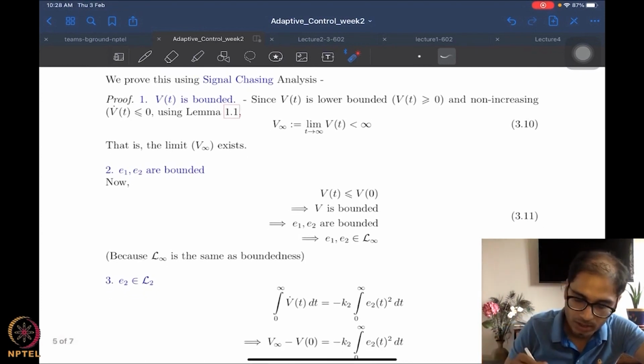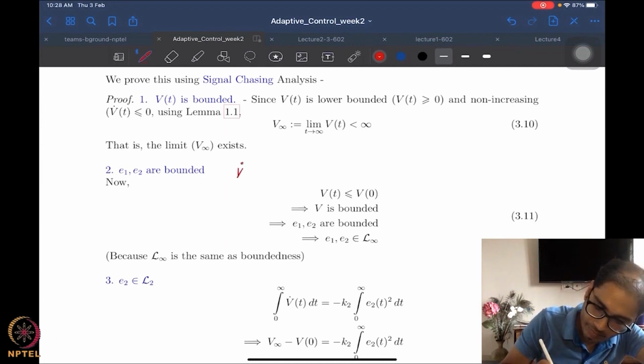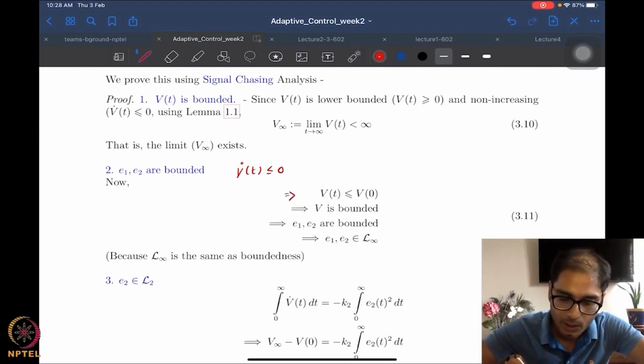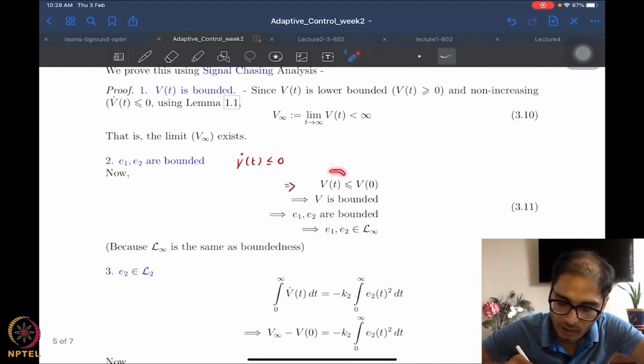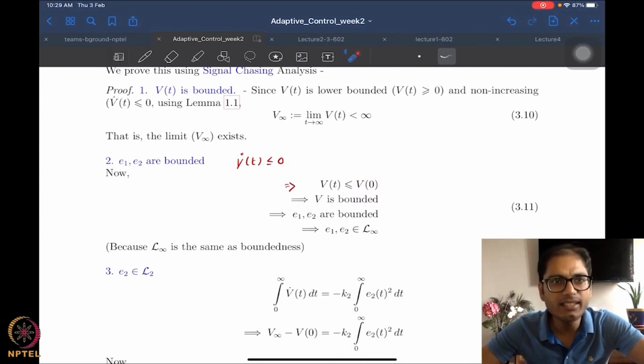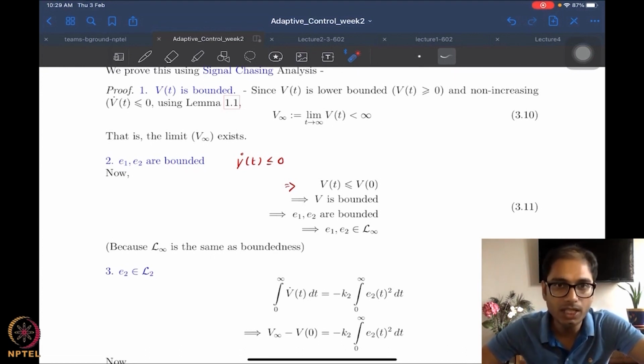Why? Because again, V dot is less than or equal to 0, and this implies that V of t, for any time t greater than or equal to 0, is non-increasing. Obvious again, because it's a function of time and the derivative is negative. It's continuous and differentiable because of how it's constructed.